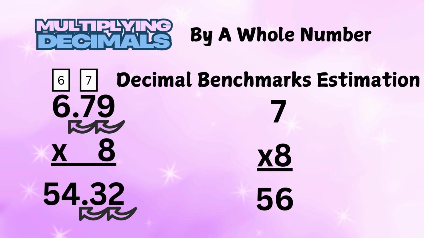Then I multiply 8 times 7, which is 56. 56 plus 7, I know, is 63. The 3 will go down in my answer, and I will regroup the 6. Then I will multiply 6 times 8, which is 48, and I would add in the 6. 48 plus 6 equals 54.